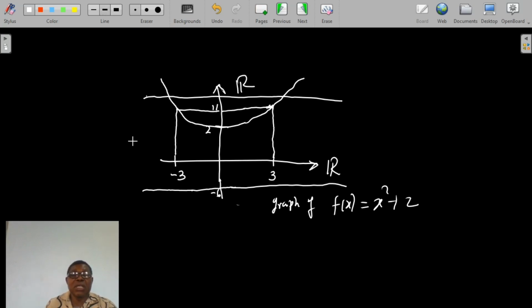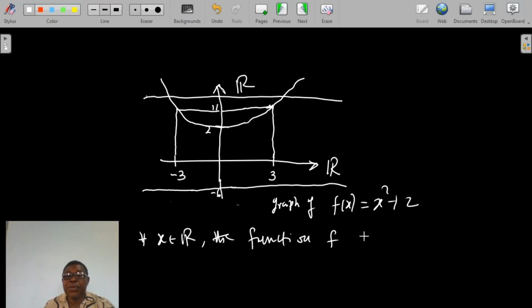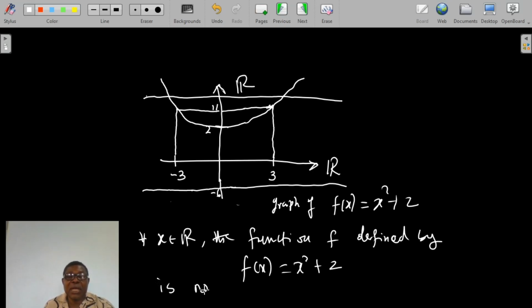So what we've gotten is that for any x in R, the function f defined by f of x equals x squared plus 2 is neither 1-to-1 nor onto.